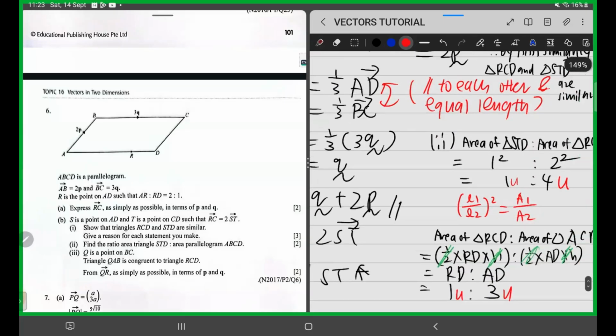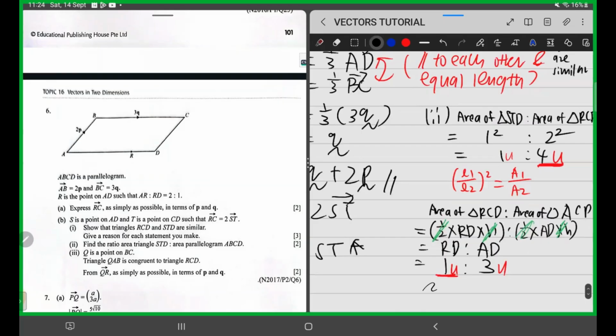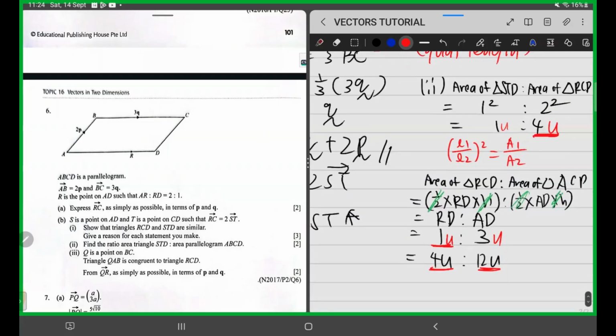So if you compare, RCD is 4 units in here, and RCD is 1 unit over here. So we go back to primary school math, we make the units the same. So here is 4 units is to 12 units, right? So now these two are the same. That means RCD is 4 units in both cases. Therefore, area of your STD is to ACD is 1:12.